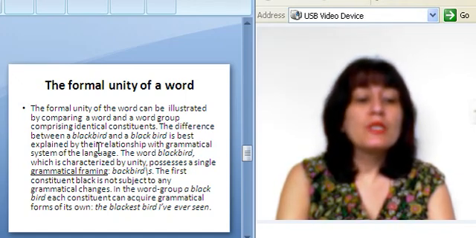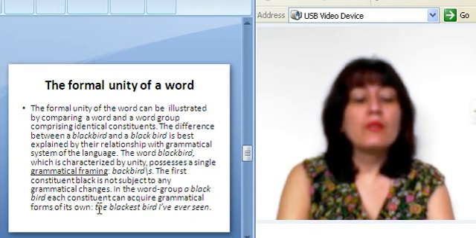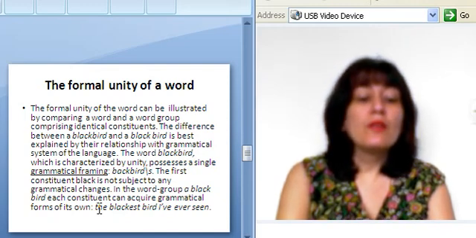The word blackbird, which is characterized by unity, possesses a single grammatical framing. The first constituent, black, is not subject to any grammatical changes. In the word group a black bird, each constituent can acquire a grammatical form of its own. For example, the blackest bird I've ever seen.